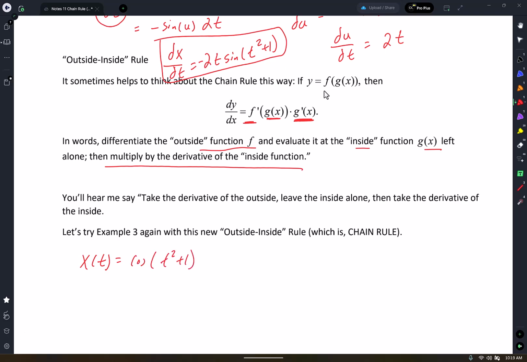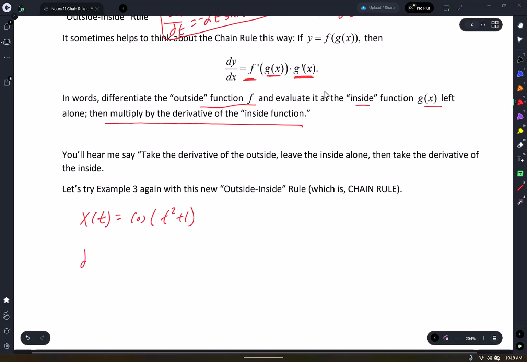The argument, t squared plus 1, is considered the inside. Plus, you can't change your argument anyway. You guys ready? So I'm going to write dx/dt. You can, if you want, put a t right next to the x, that just means with respect to t, but it's understood. I'm taking the derivative of x with respect to t. What's the derivative of the outside?